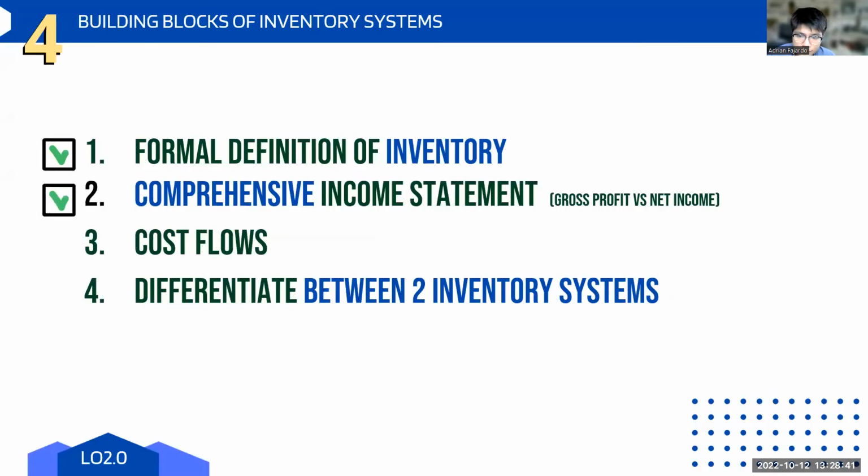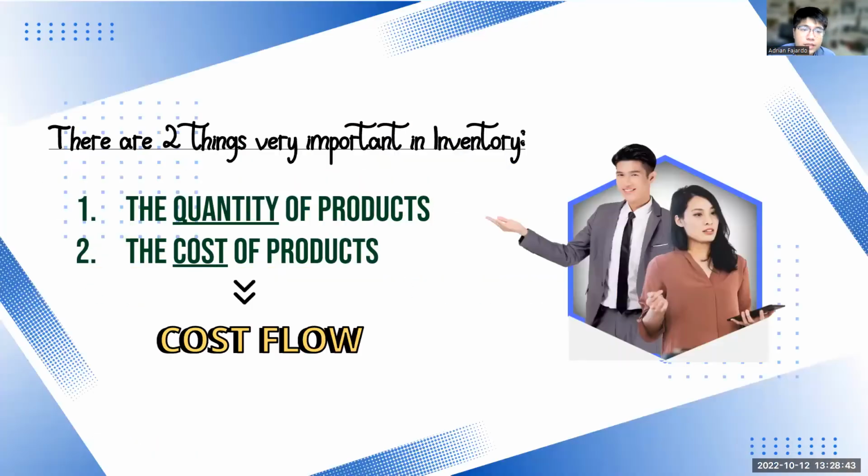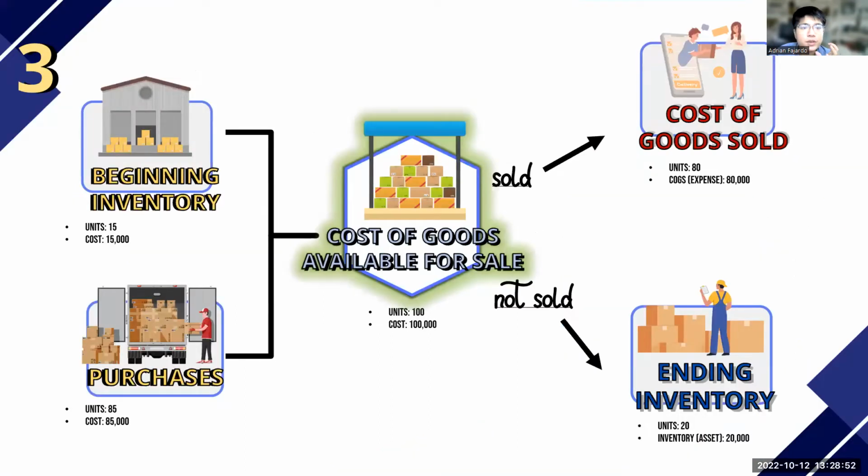And then ultimately, we also took a look at the cost flows. And in terms of cost flows, the two important things that we want to look at would be the quantity of the products and the cost of products. Wherein we saw that in terms of the operating cycle, every period you'll have your beginning inventory, and then when you add your new purchases for the period, you'll have for the month or for the period your cost of goods available for sale, which is very important because there's only two things that happen to our cost of goods available for sale.